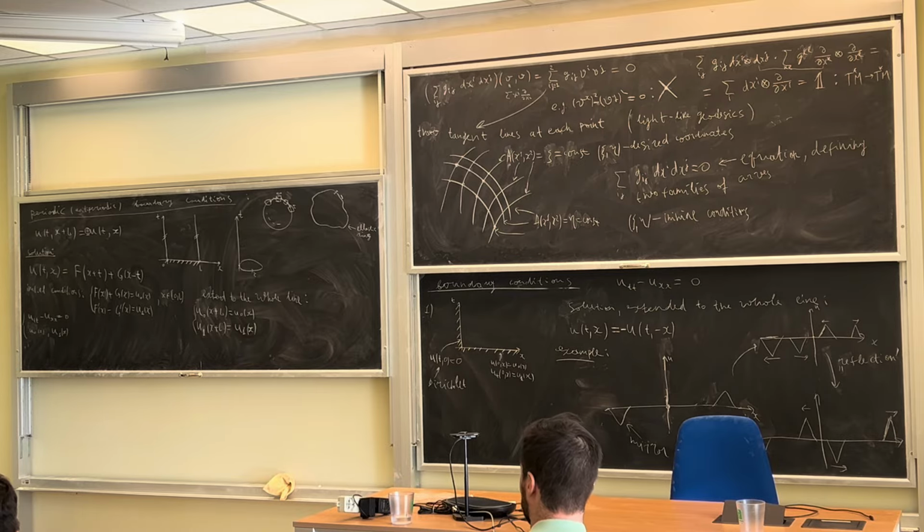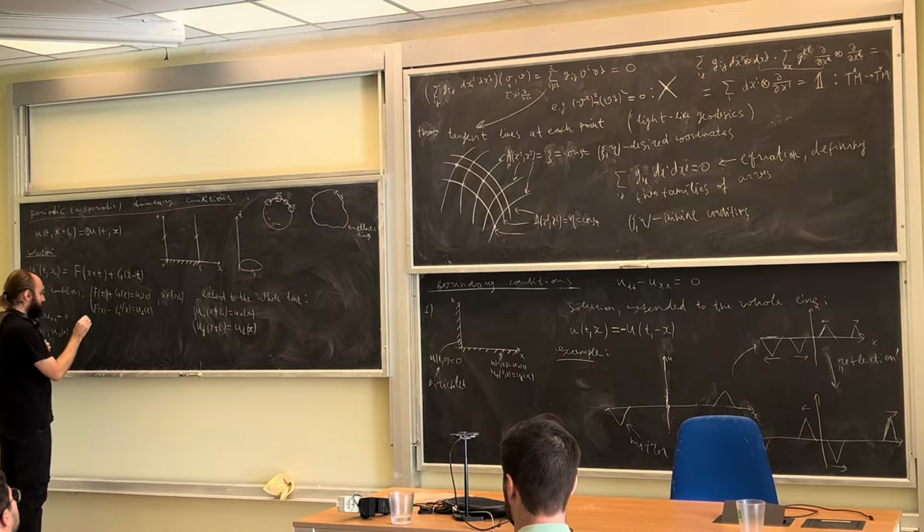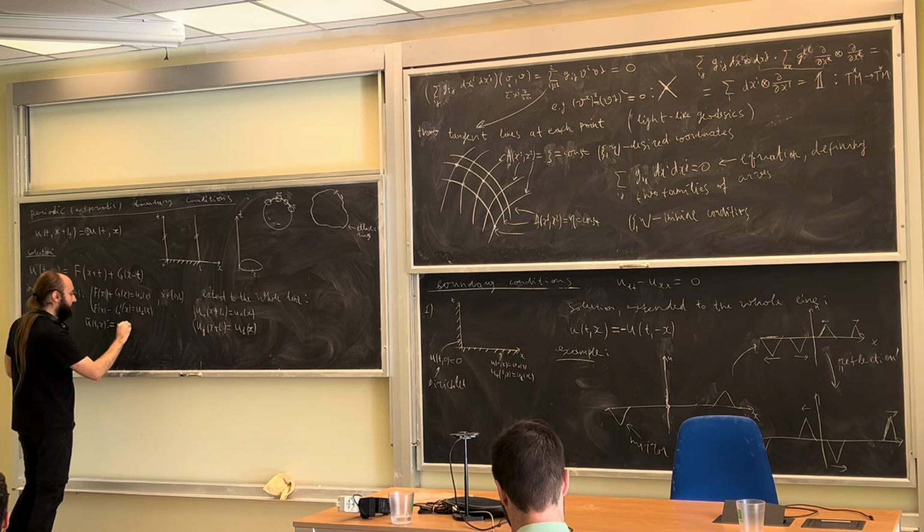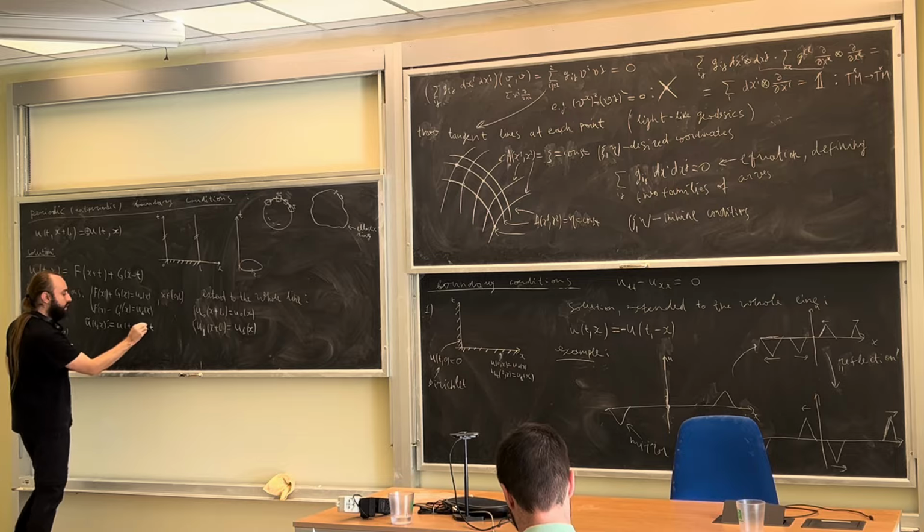But we can consider another solution of this equation. It's easy to check that u tilde of t and x defined as u of t and x plus constant times t is also a solution.